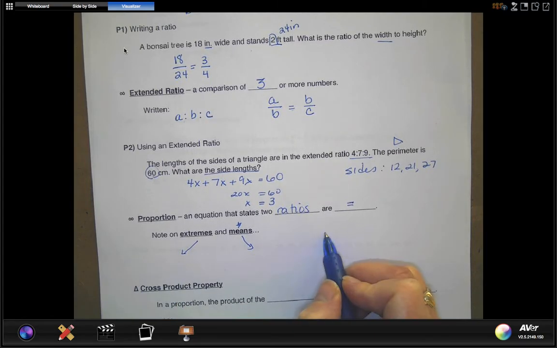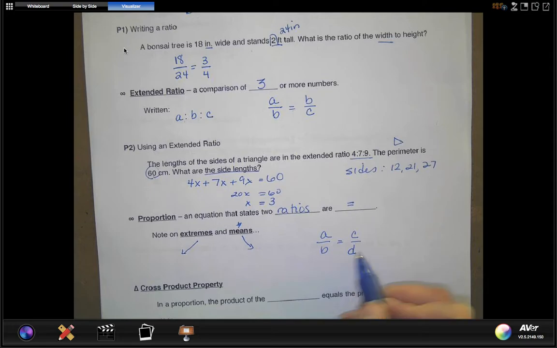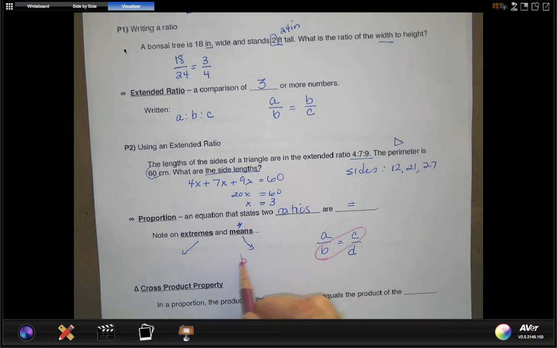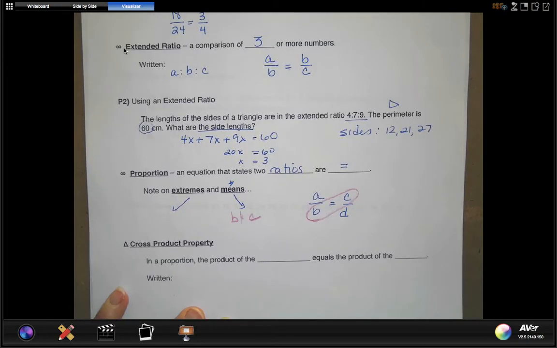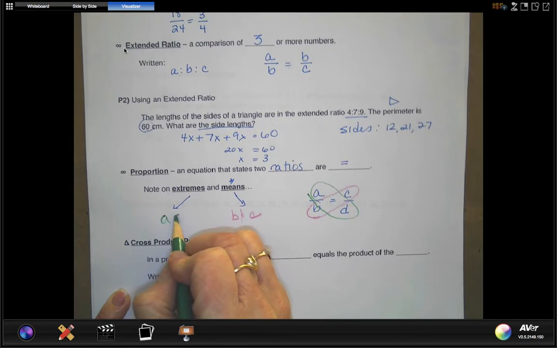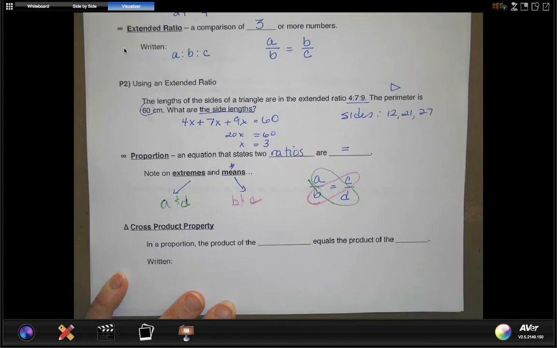If I write A over B is equal to C over D, the numbers that are in this spot are called the means. The numbers that are in this spot are called the extremes. Okay, so that's just a little notation there.